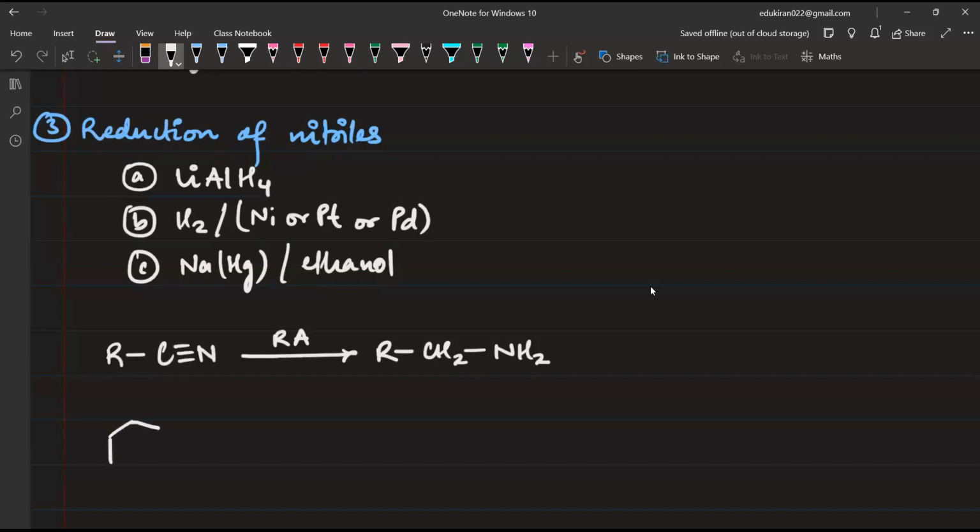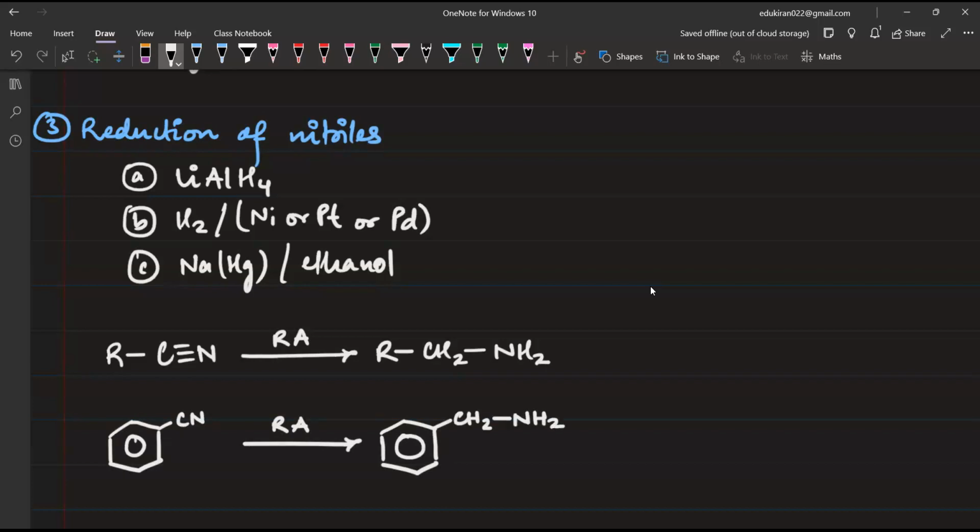If you have benzonitrile and you use a reducing agent, you will get the benzene ring with CH2 bonded with NH2. Please remember, this is not aniline, this is benzyl amine, which is also a primary amine, right?